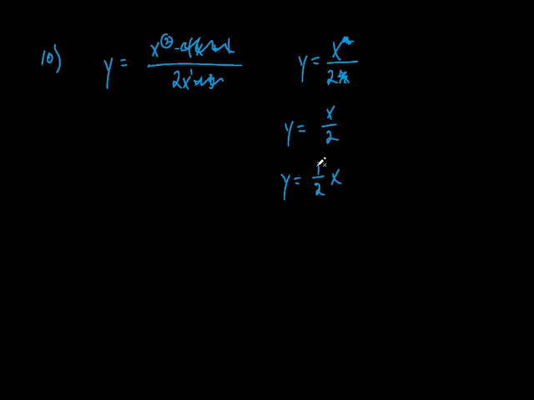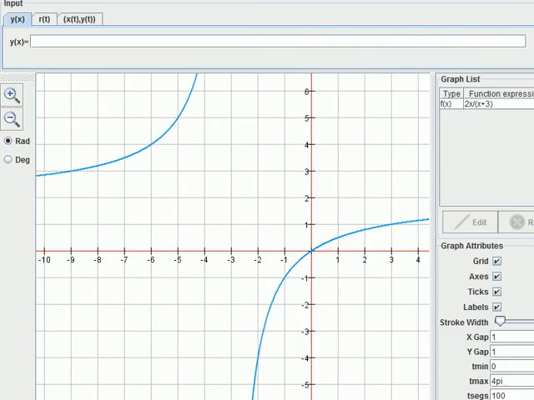Now, what kind of asymptote is it? Is it horizontal? Is it vertical? It's a slant, right? Because remember, this is just a straight line. So it means you have a y-intercept of 0 and a slope of 1/2. Rise 1 and run 2. See that? So let's put that into our calculator and see what that looks like.